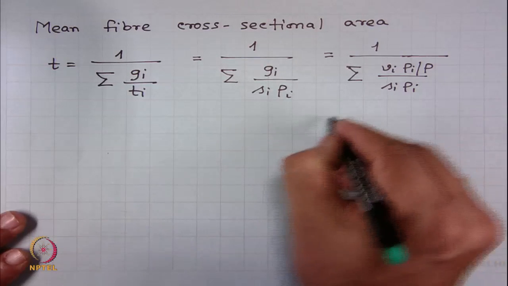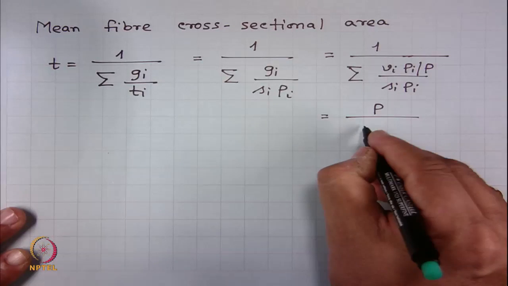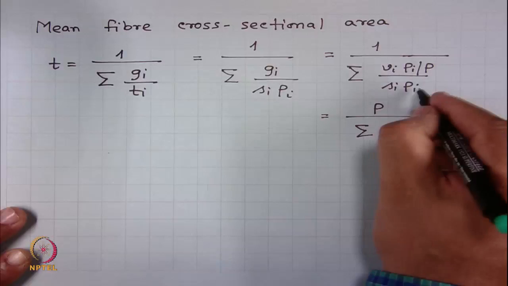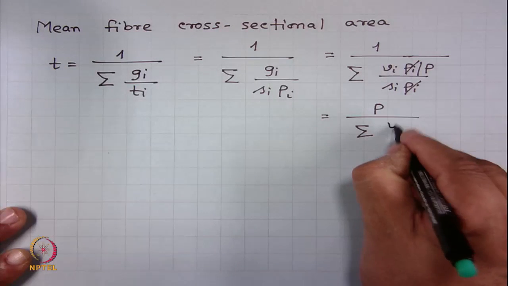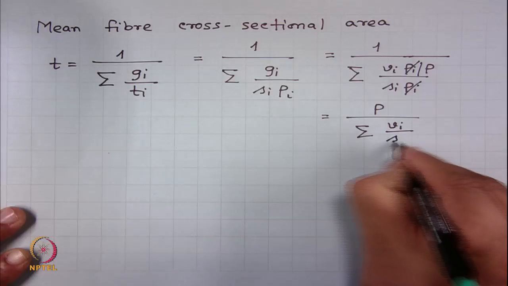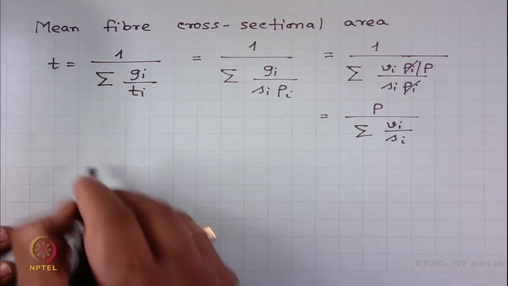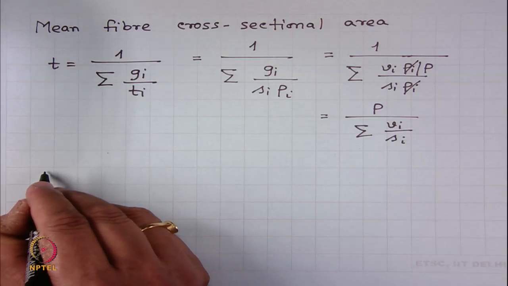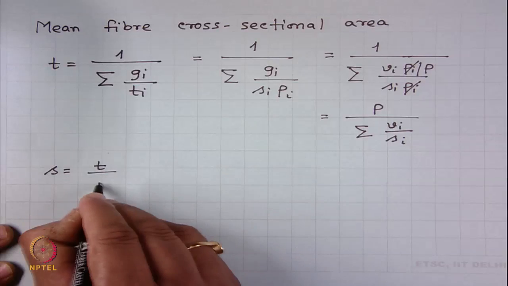So, this rho is going there and then this gets cancelled. So, what we obtain is volume fraction divided by cross sectional area of ith component. So, what is mean fiber cross sectional area? Mean fiber cross sectional area is equal to T by rho.